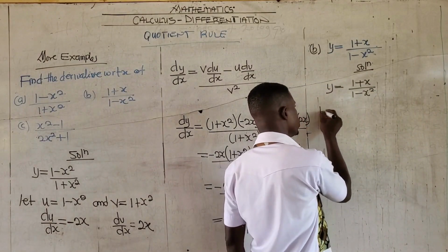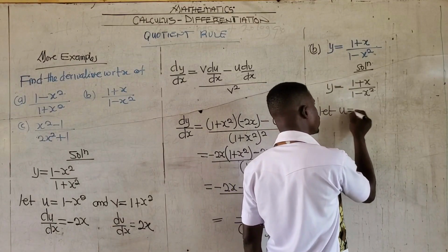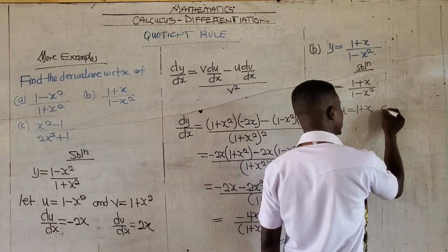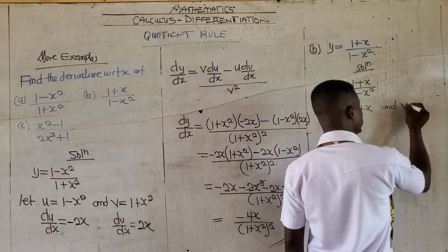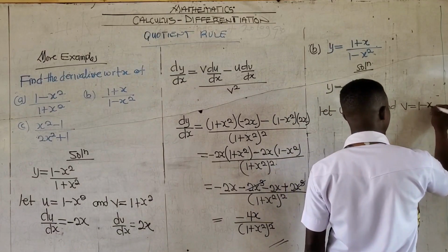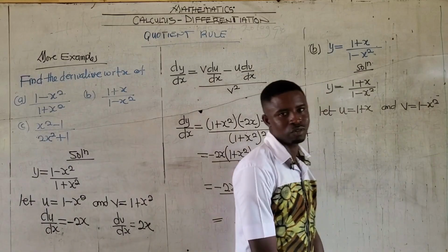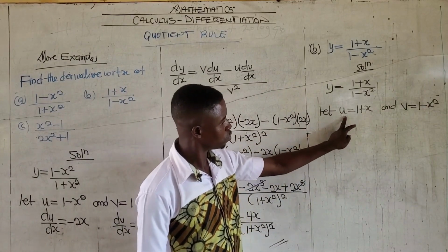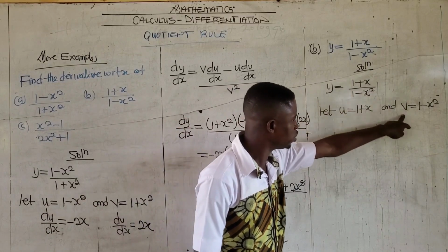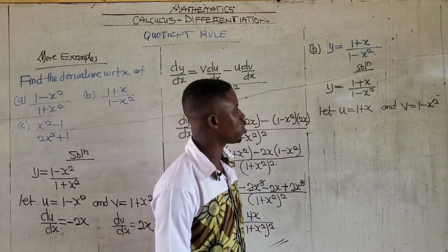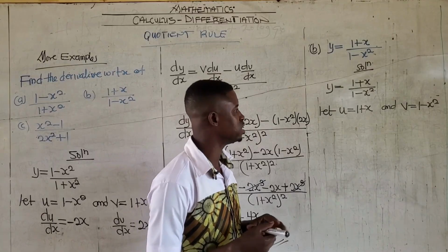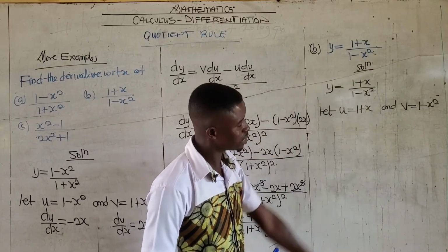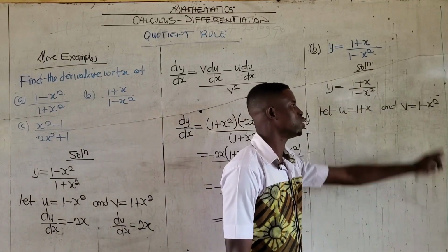So let u equal 1 plus x and v equal 1 minus x squared. Very simple. After that, the next thing we are going to do is to differentiate u with respect to x and v with respect to x.